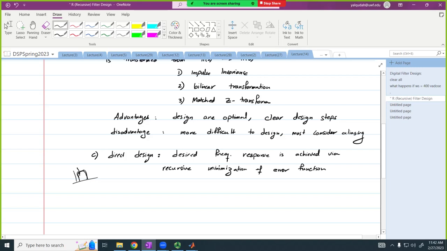We have the desired and the achieved frequency response. We take the difference as a cost function, and we keep tuning the parameters till we minimize that error between what we desire and what we are achieving.